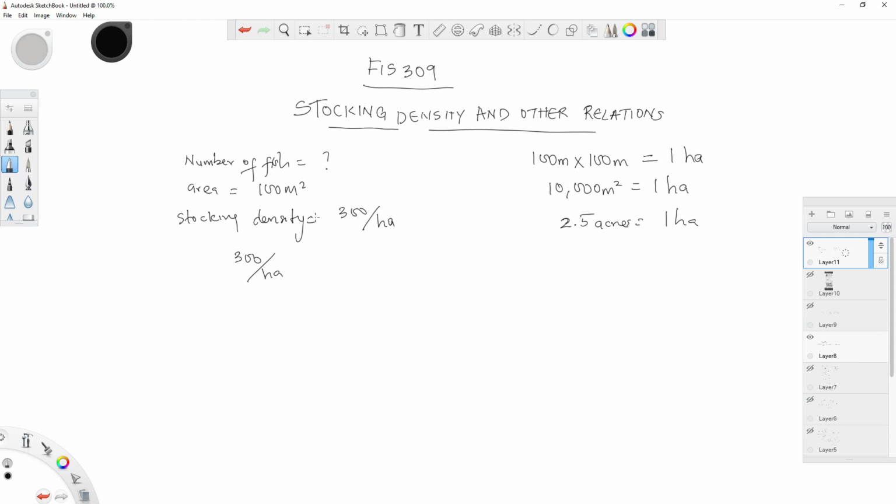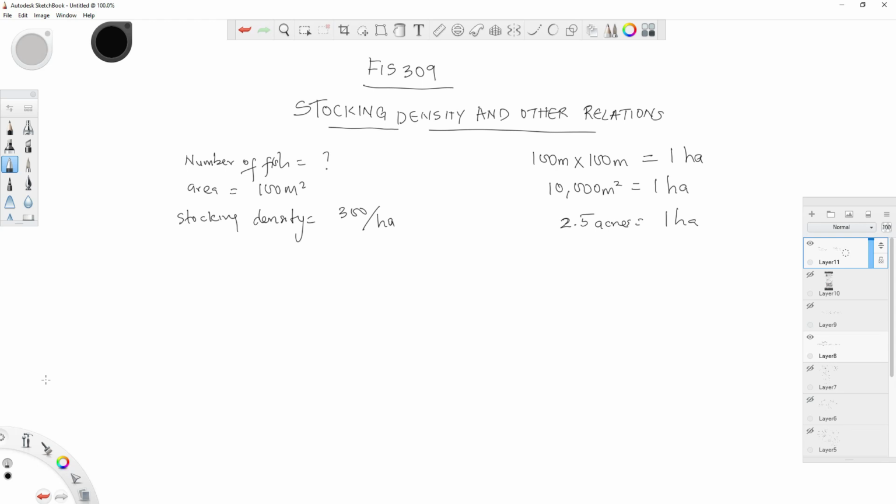Well, theoretically, 300 fish per hectare, if that is the stocking density, what would be the number of fish that can be stocked in this place? If you have stocking density in this form, I would advise that you convert it from per hectare to per meter square. That is the best advice that I can give.